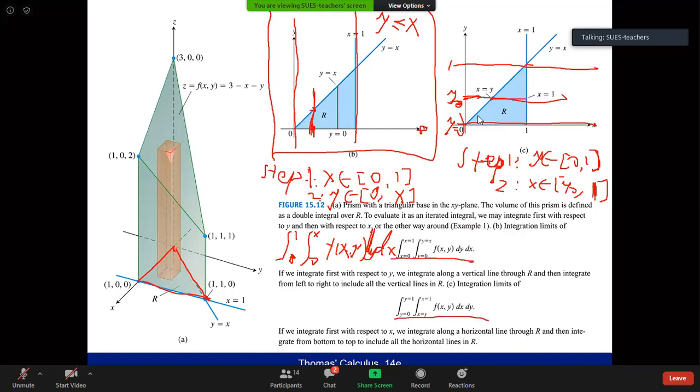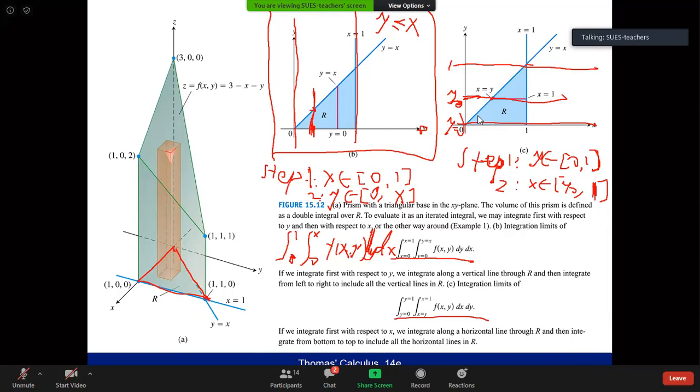You can see they are different, although the outside is always 0 and y. However, the relationship of y and x changes when you change the integral order.